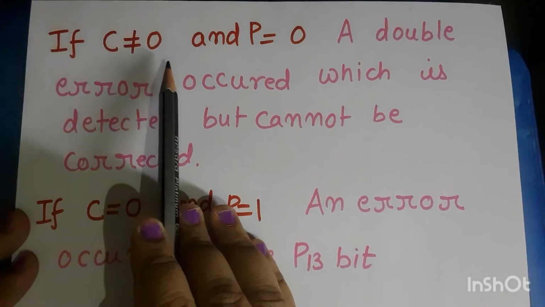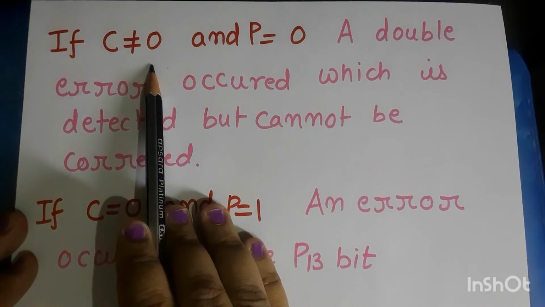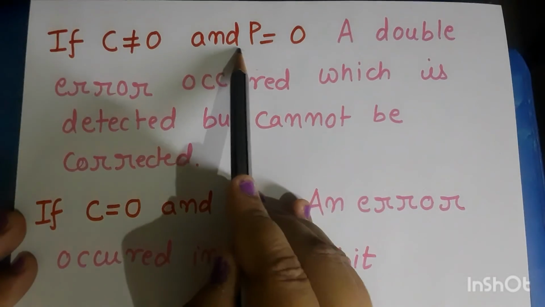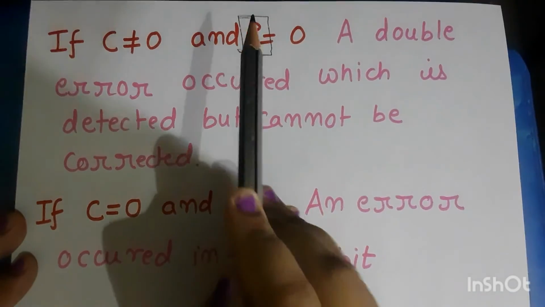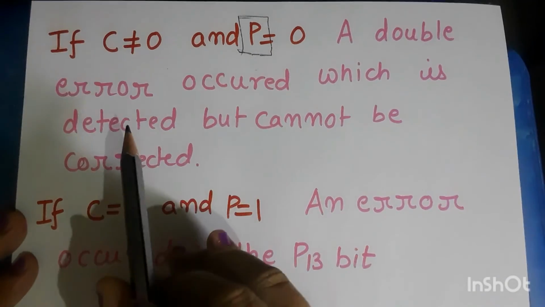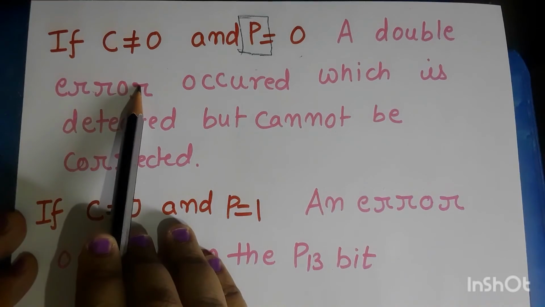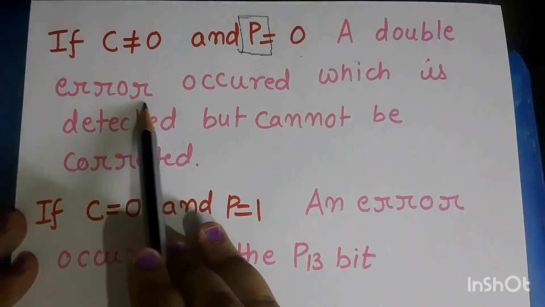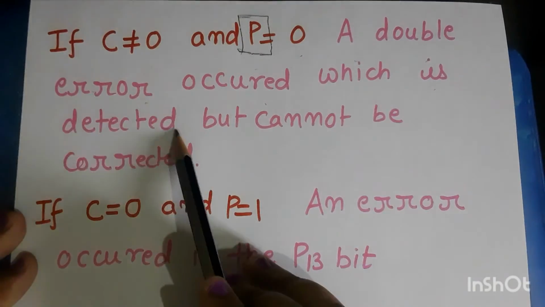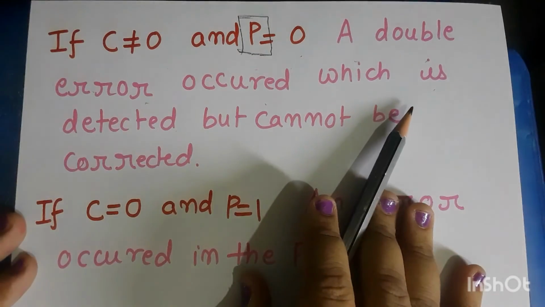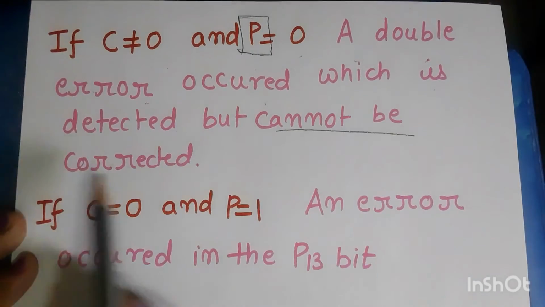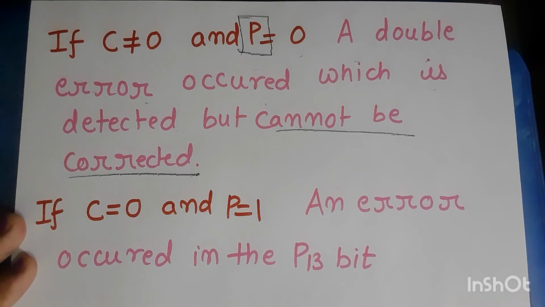Now if C is not equal to 0 and P is equal to 0, where P is the parity over all the 13 bits, if it is coming as 0 while C is not equal to 0, that means a double error has occurred which is detected but cannot be corrected, because with Hamming code we can correct only a single bit error, but we can detect double errors.